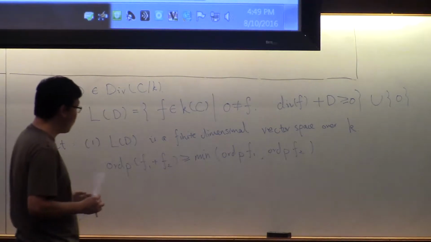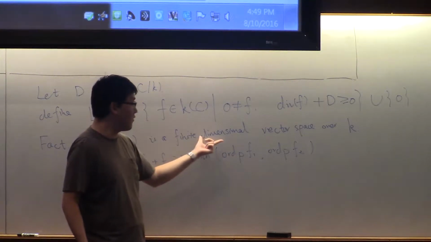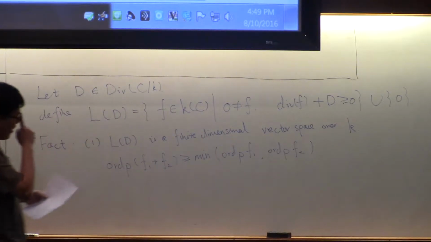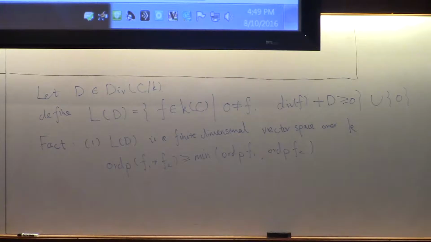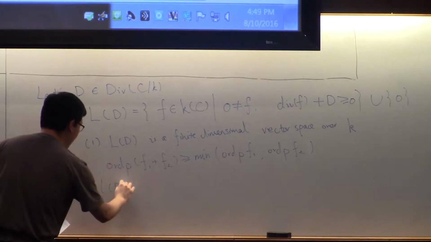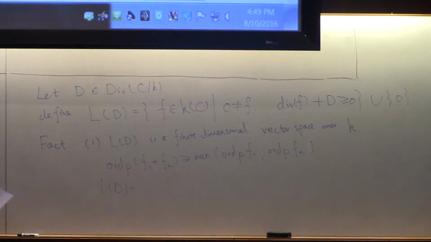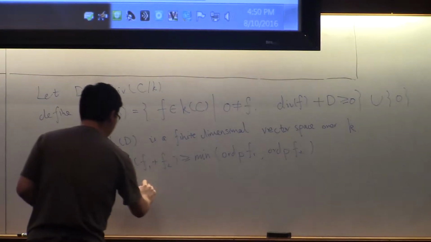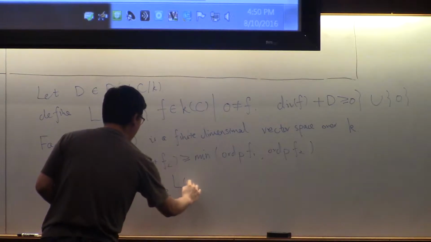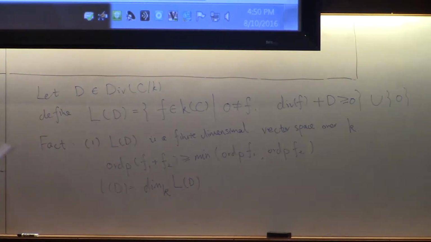Probably the more non-trivial thing is that this vector space has finite dimension, but this is a result you can show by algebraic geometry. But today I cannot give a proof of that. So you just assume the fact that this is a finite dimensional vector space. And its dimension over K is denoted by small l(D). Okay?